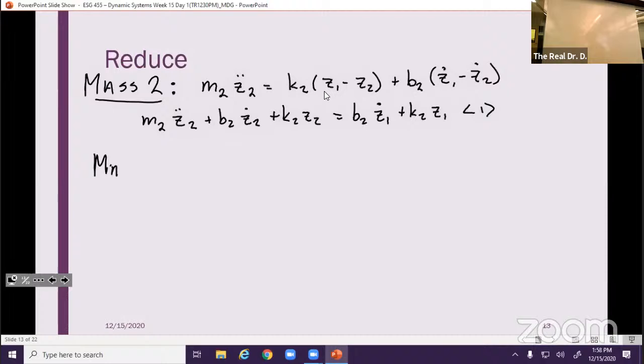So mass 1, M1 z double dot 1, and this one's going to be a little bit longer.